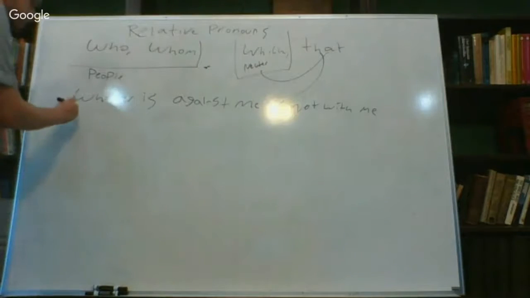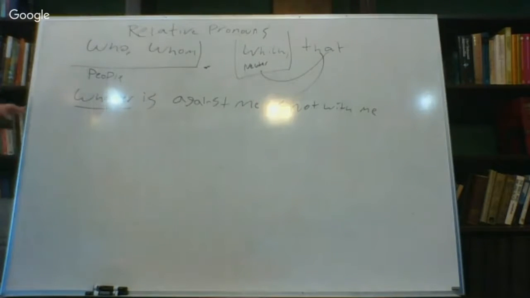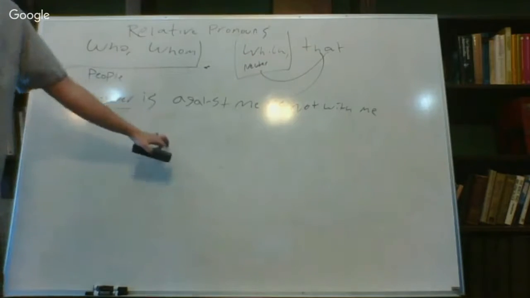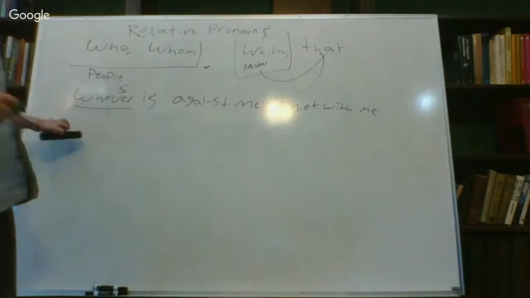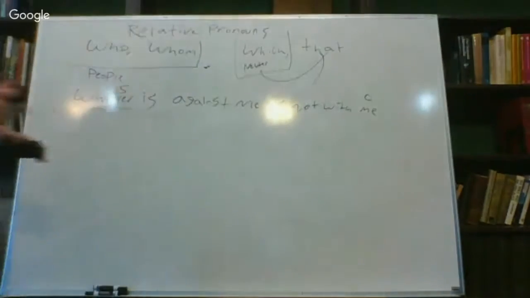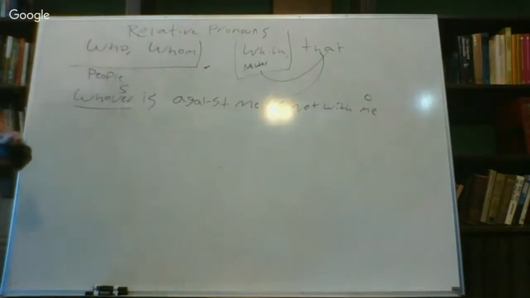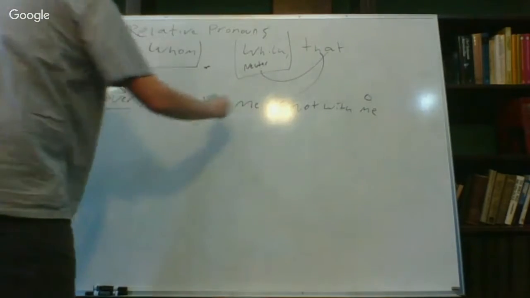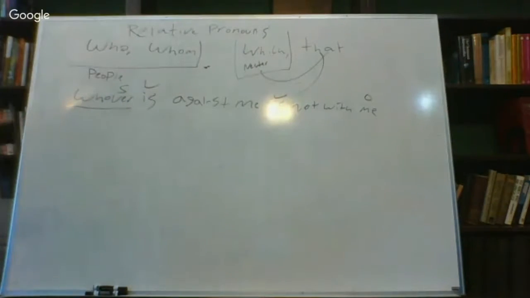So the whoever here is our relative pronoun. And it's functioning just as a noun. It's functioning as kind of the subject in our sentence, right? Whoever's against me is not with me. And then, of course, we have two to-be verbs, one here and one here. They're both kind of saying the same thing, but in this case, the relative pronoun is functioning as the subject.